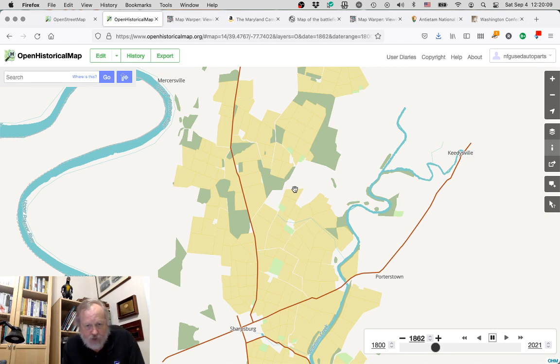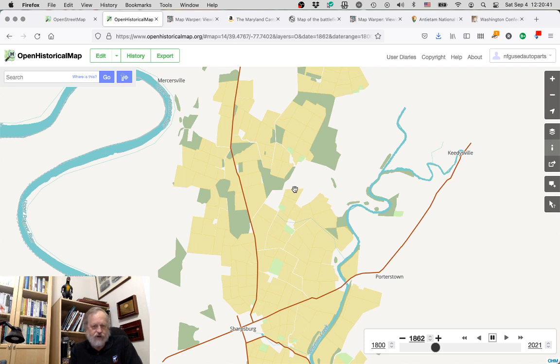So one of the long-term projects here, maybe it'll be shorter term, one of the things that interests me is the fact that we actually have these troop movements outlined down to relatively low unit levels. And it should be possible to transcribe that data into the map so that we actually have a record of the troop movements from the Cope map in OpenHistoricalMap.